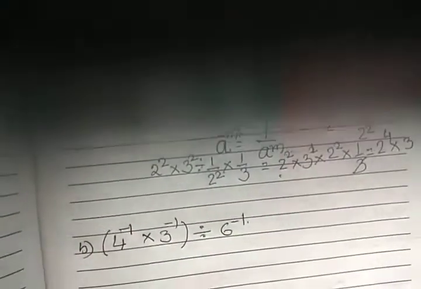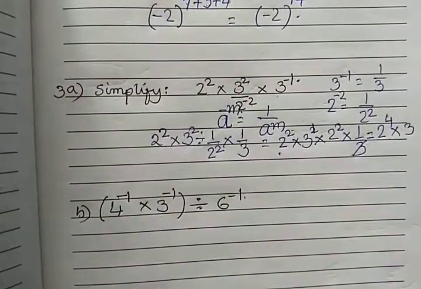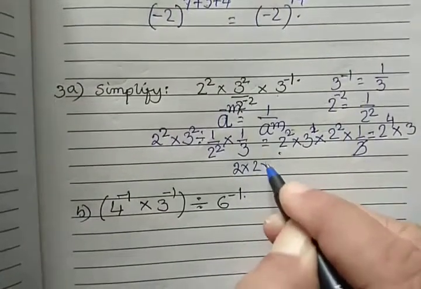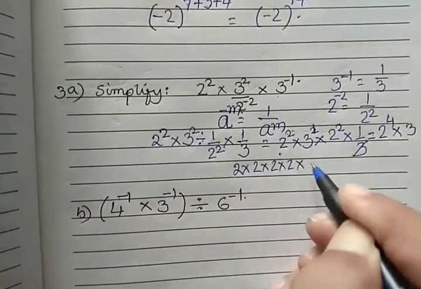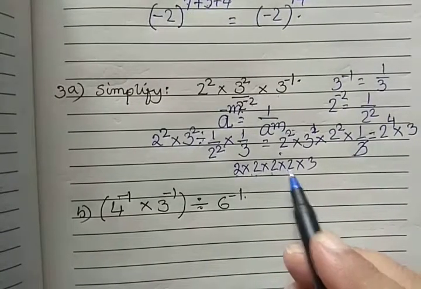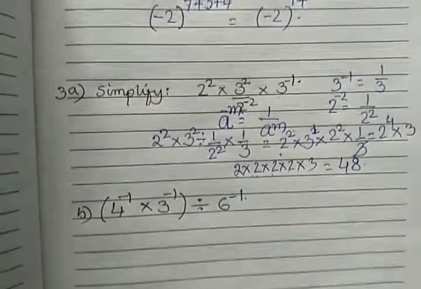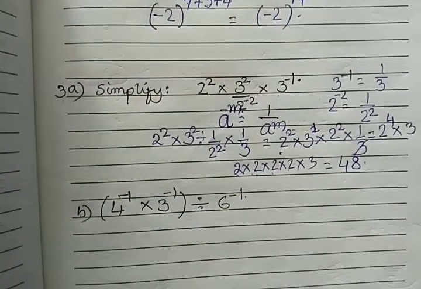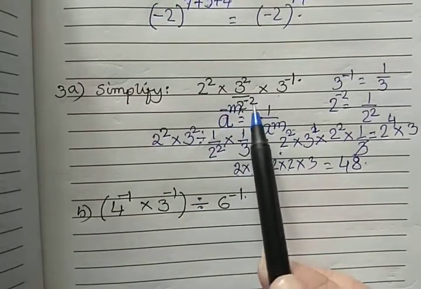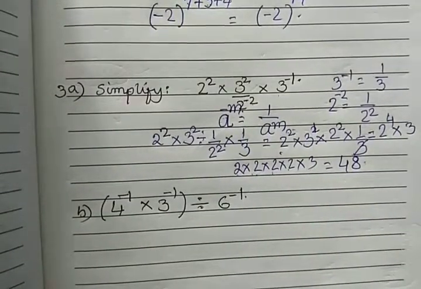So 2 into 2 into 2 into 2 into 3. 2 twos are 4, 4 twos are 8, 8 twos are 16, 16 threes are 48. So if you simplify 2 square into 3 square by 2 to the power of minus 2 into 3 to the power of minus 1, you get 48.